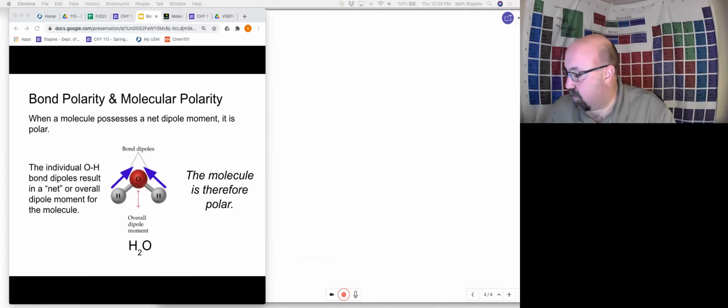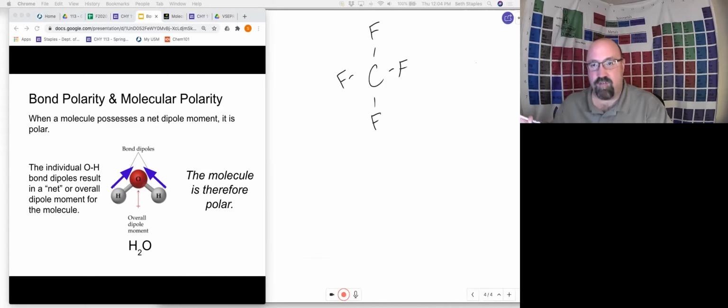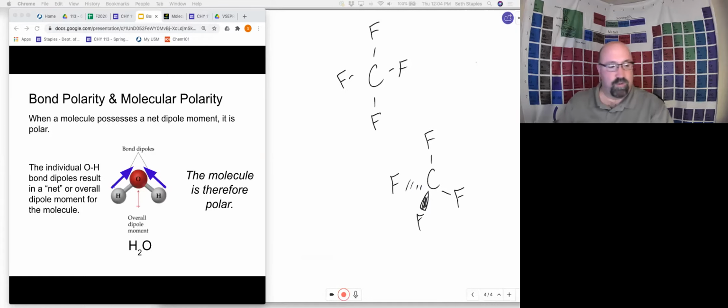And so here, carbon tetrafluoride. I'm not going to draw my lone pairs around fluorine because they're not going to come into play here for our discussion of polarity. If we try to redraw this a little bit three-dimensionally, using our dash wedge notation, it would look something like this.